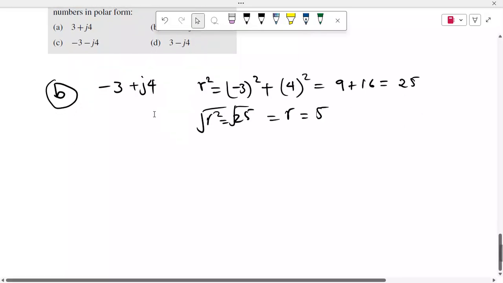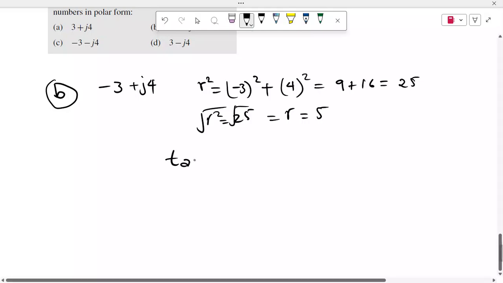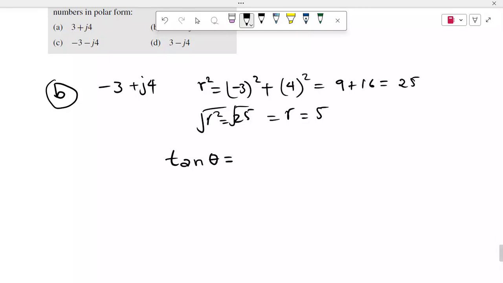Okay? Then how do you get the angle? Now we take theta, you know tan. So tan theta, that angle is equal to what? The imaginary part. If you want to remember, imaginary over real.